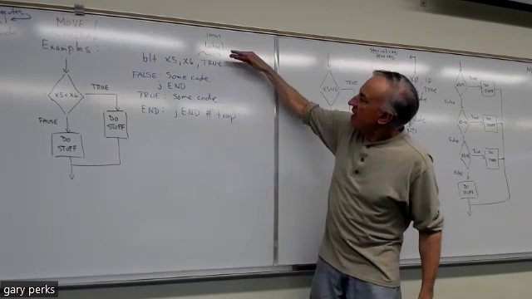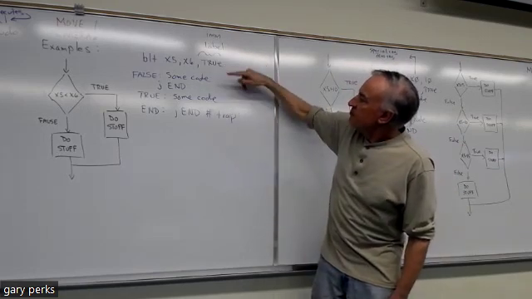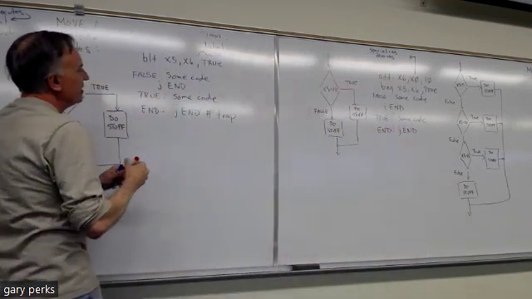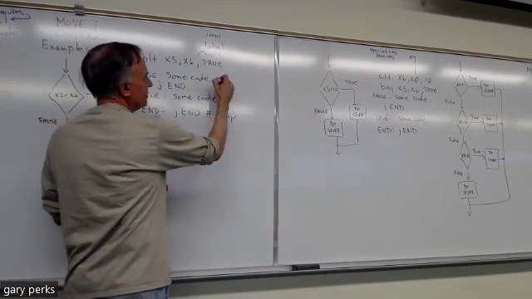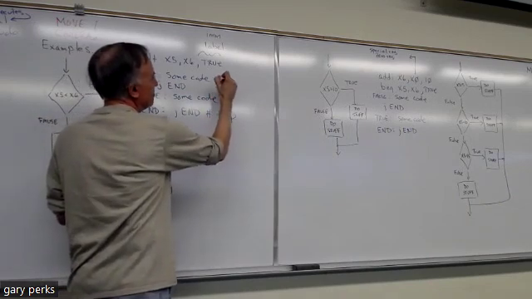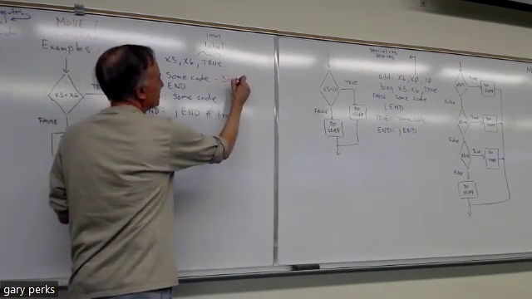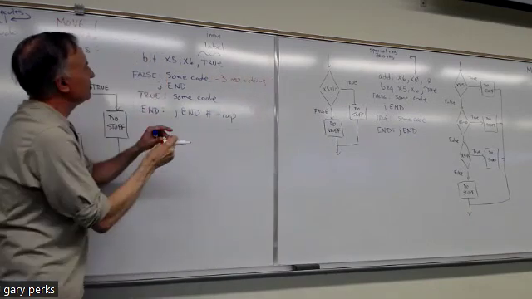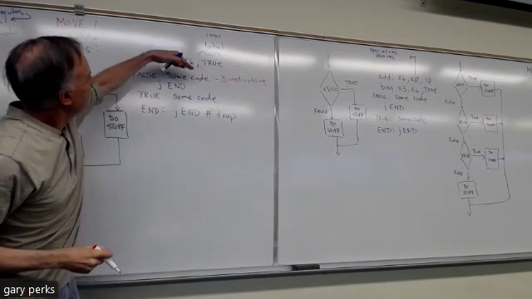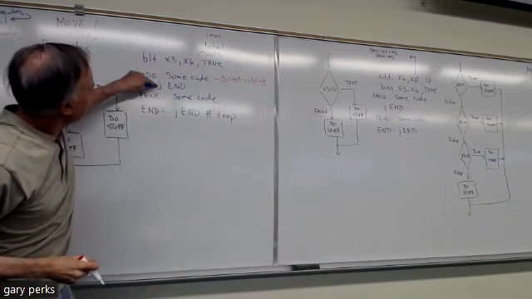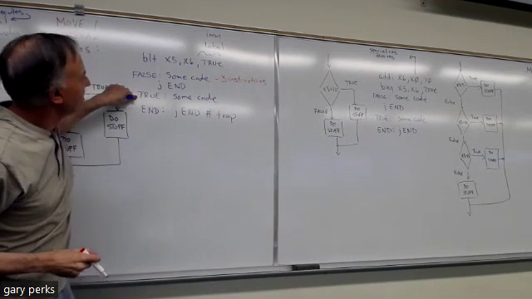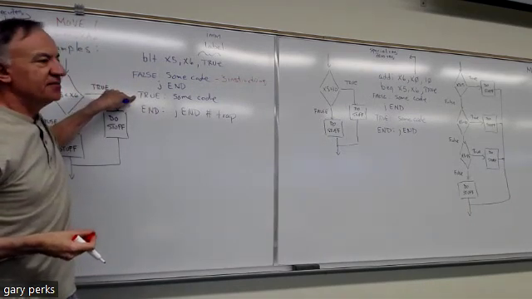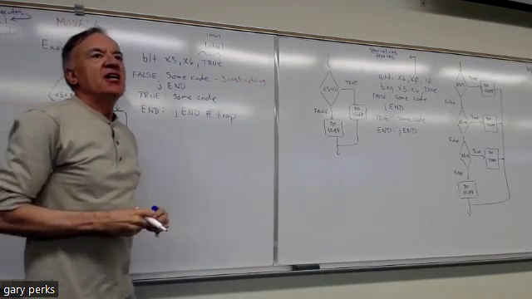In this case, I want to go from this instruction to this instruction. And let's say that this code was made up of 3 instructions. So we have this instruction where the label is, then we have 3 instructions, we have this instruction, that's 4 instructions, then we have where the label is. That would be like the 5th instruction, right?